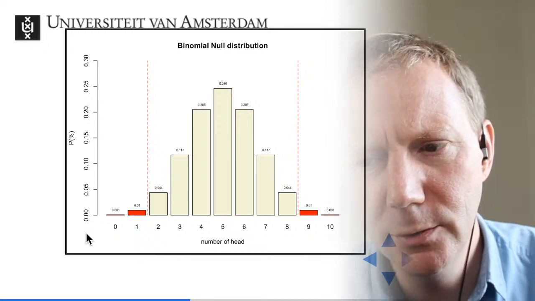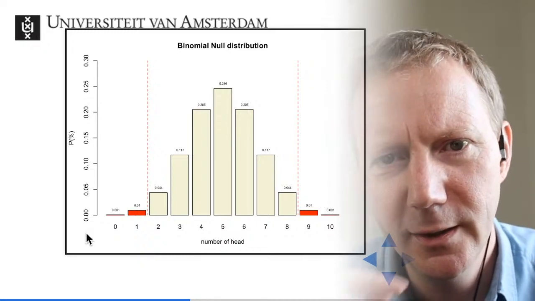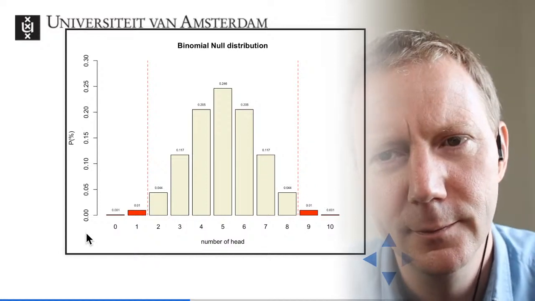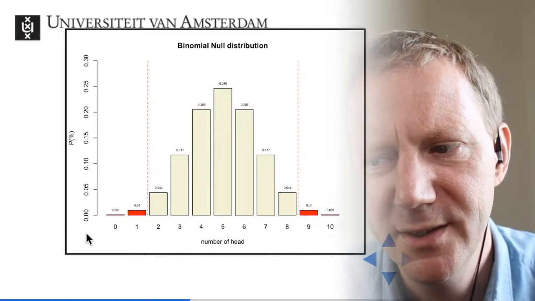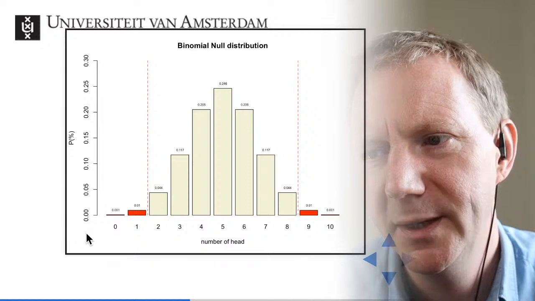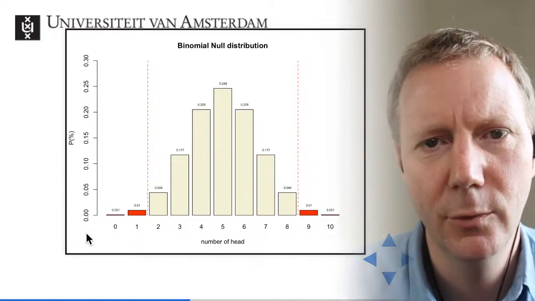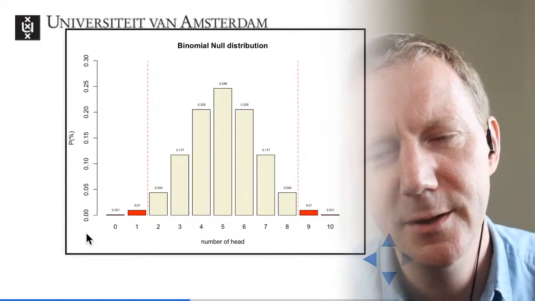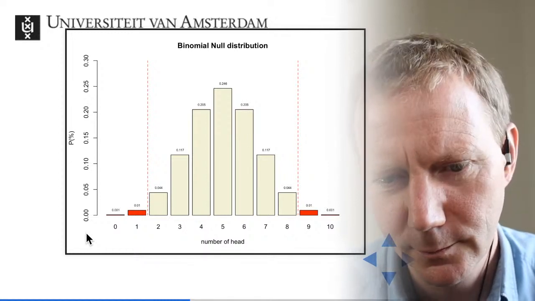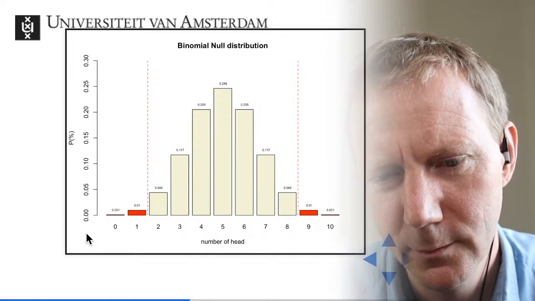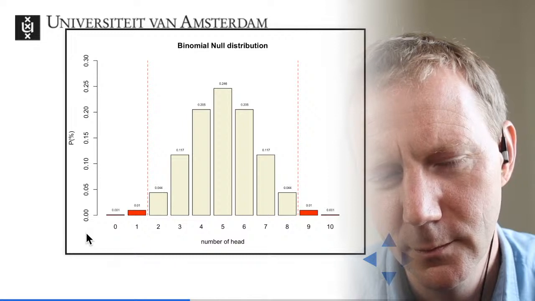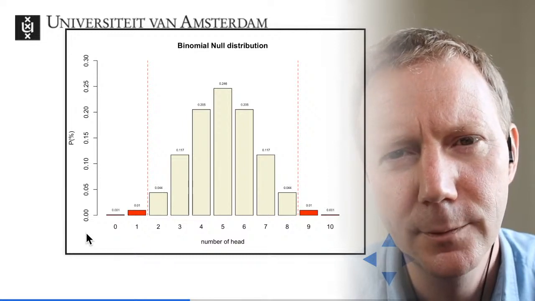What can we do to compensate for this? Any idea? To make sure that within a binomial distribution we are able to more accurately set our boundaries for 5%? Anyone?